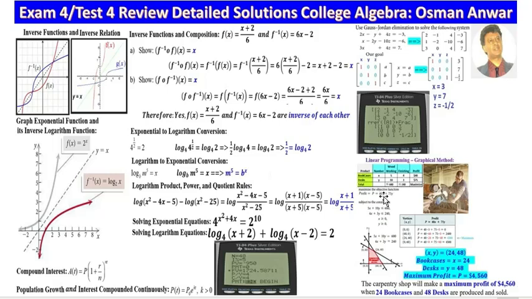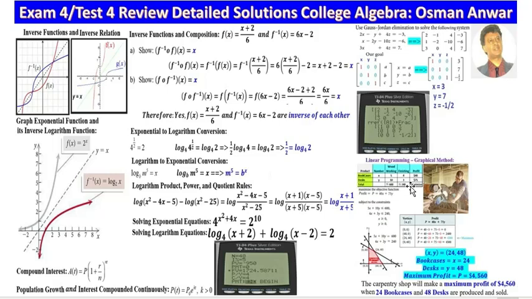That means he's going to use 600 hours or less. That is 5x plus 10y is less than or equal to 600. And for finishing, he has only 240 hours available. That is, he's going to use 240 hours or less for finishing.